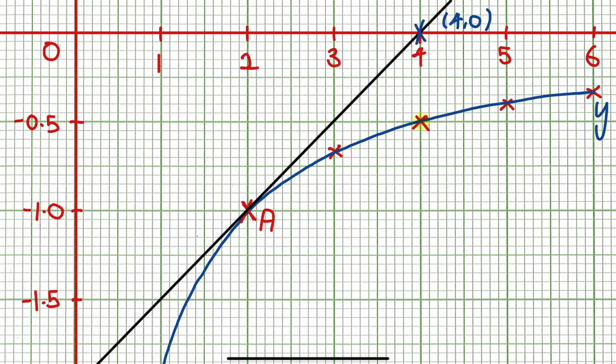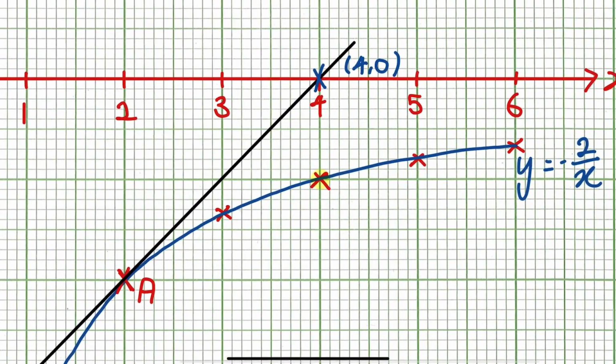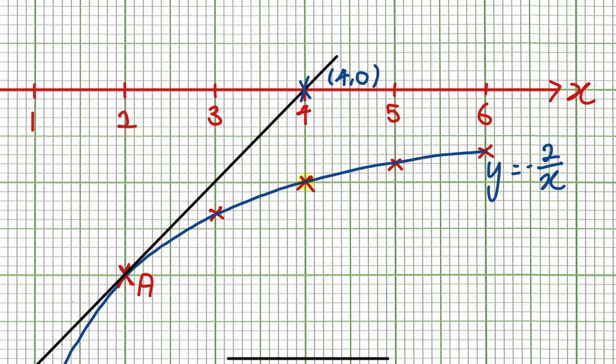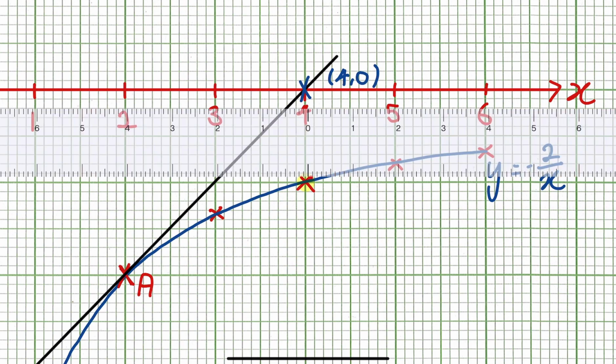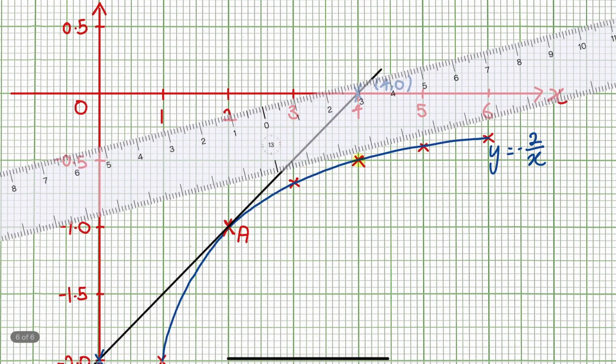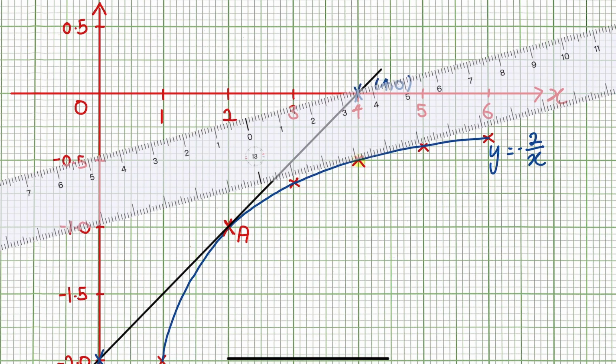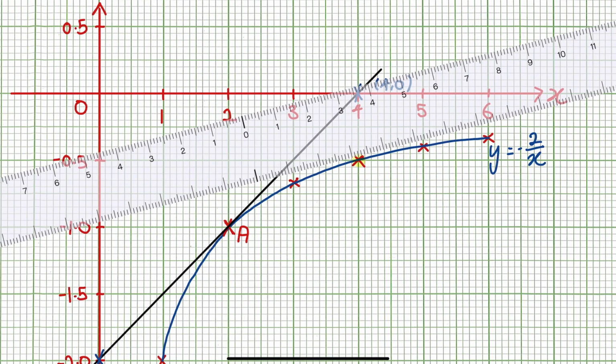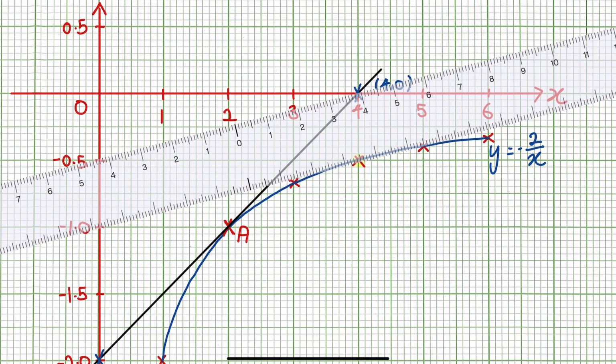To draw a tangent at this point, same thing, I will take my ruler. First place my pencil at the point on the graph here, then adjust my ruler accordingly on the graph paper. Then I check.